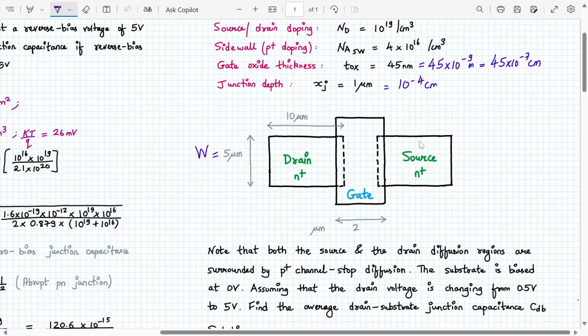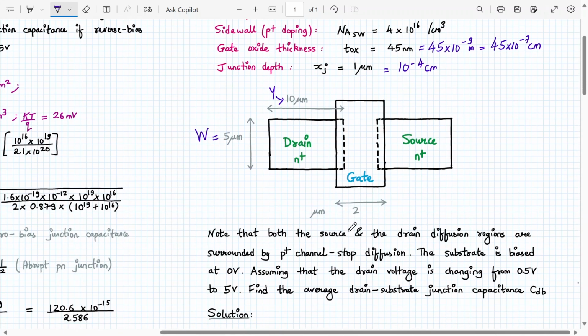So you know what is this? Channel length. This is not channel length. This is Y. Remember? Diffusion region length is Y. Okay. And this overlap area is 2 micrometer.